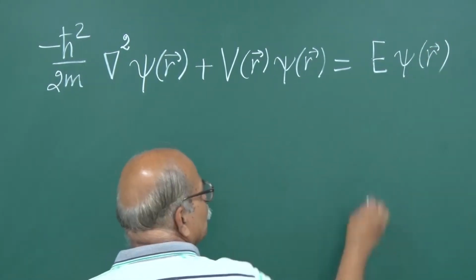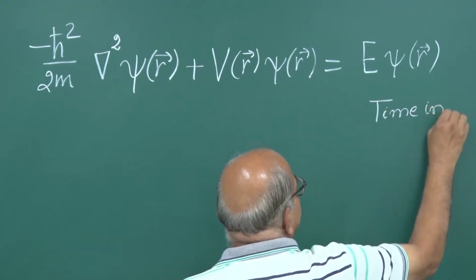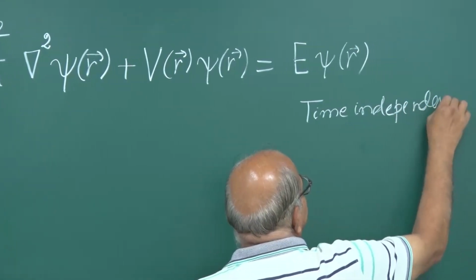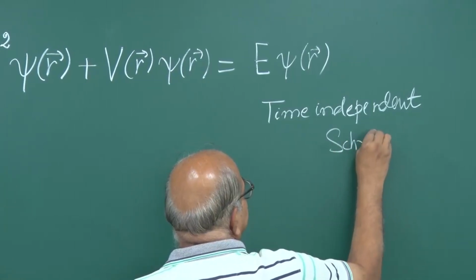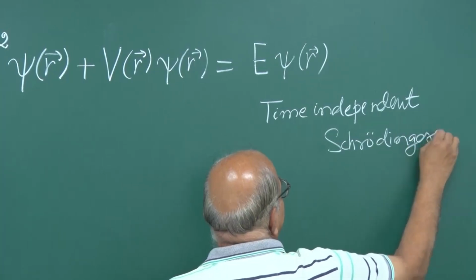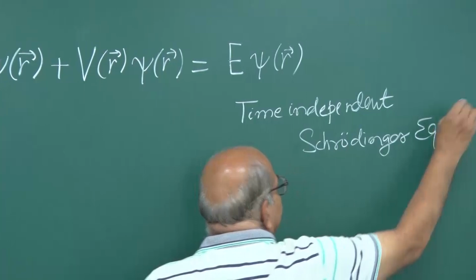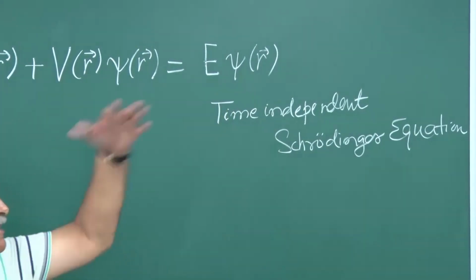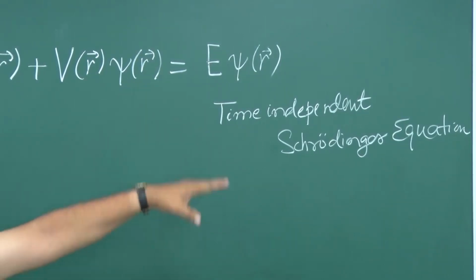This equation is known as the time independent Schrodinger equation. That means there must be a time dependent Schrodinger equation also, and there is, but I won't be talking about that.